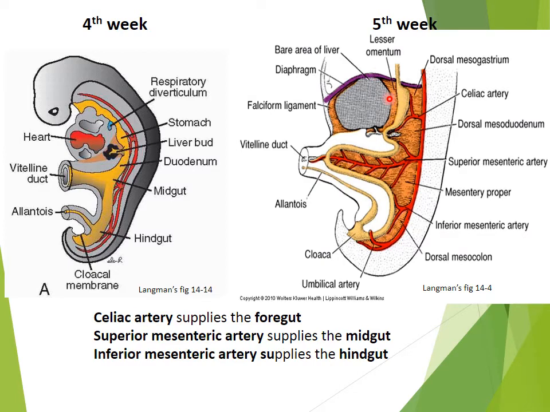is the lesser omentum. So the ventral mesentery, which only persists in the area from the lower part of the esophagus to the proximal portion of the duodenum, is derived from the septum transversum, and has the components lesser omentum and falciform ligament of the liver.